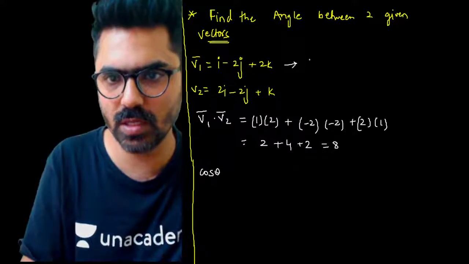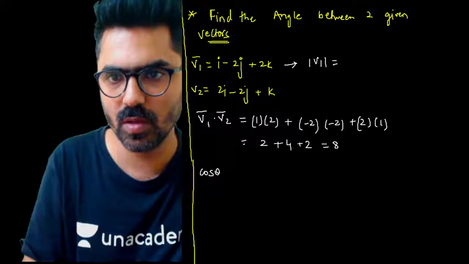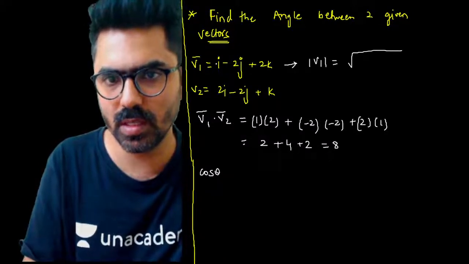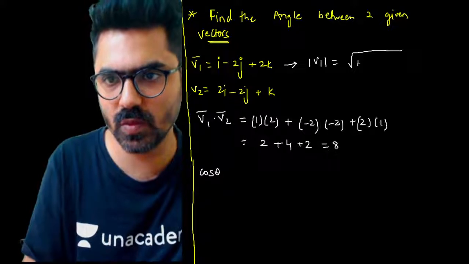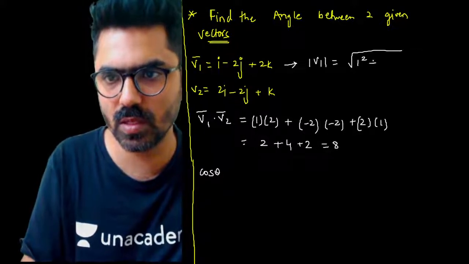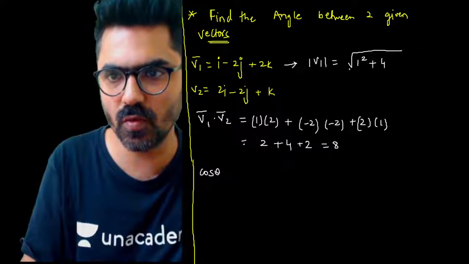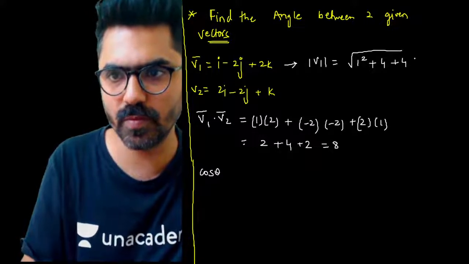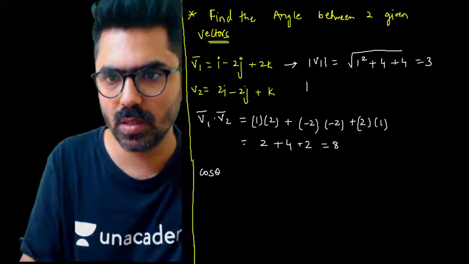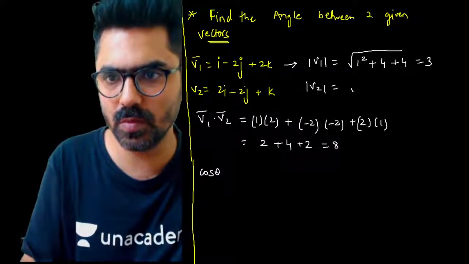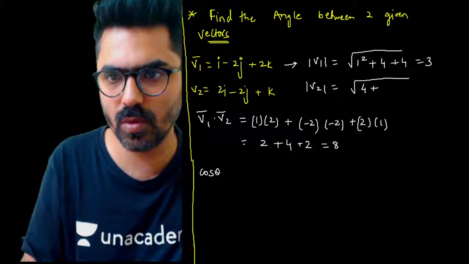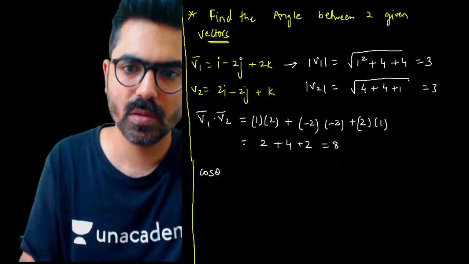So now the cos theta. Before finding cos theta, let's write the mod of v1. What is the modulus of v1? It is the square root of i square, that is 1 square, then minus 2 square, that is 4, and again 2 square, that is 4. So it becomes 3. Similarly, mod of v2 also becomes 3. So 4 plus 4 plus 1, 3. Fine.